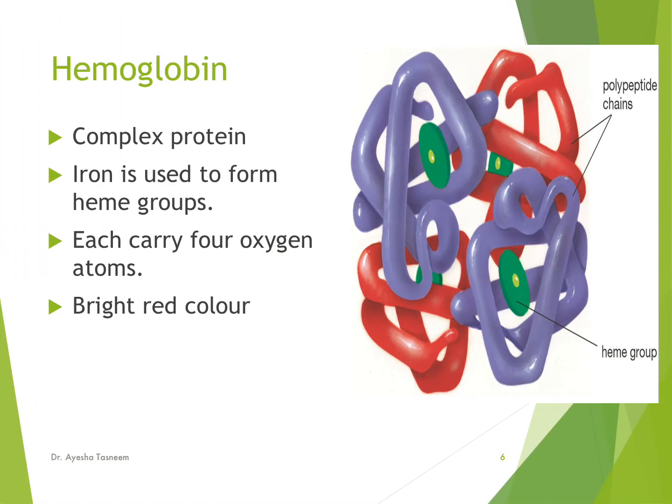What is hemoglobin? It is a complex protein made up of four protein strands. Iron is used to form heme groups. Each hemoglobin carries four oxygen atoms, and in the presence of oxygen, the hemoglobin appears bright red in color.